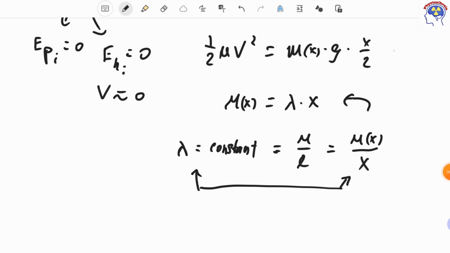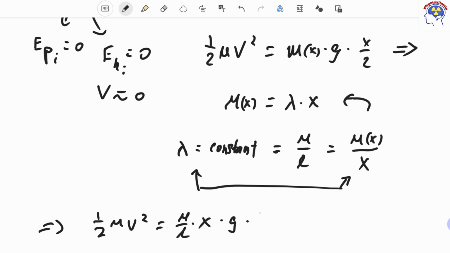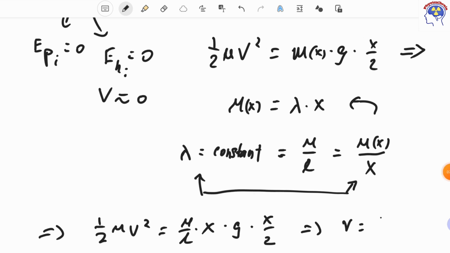Let's continue this term. From here, we're going to jump down there, and we can say half m v to the power of 2 equals m by L times x times g times x by 2. We get v equals root of g by L times x.